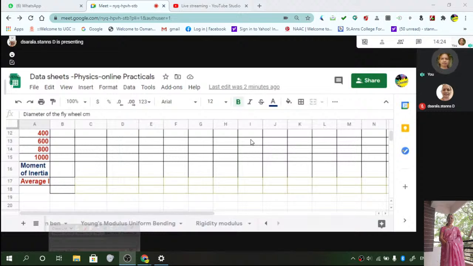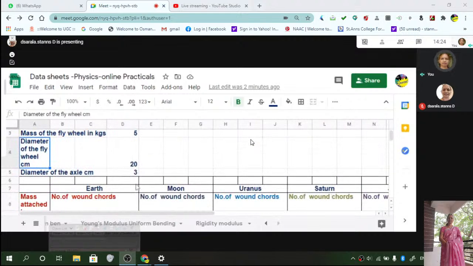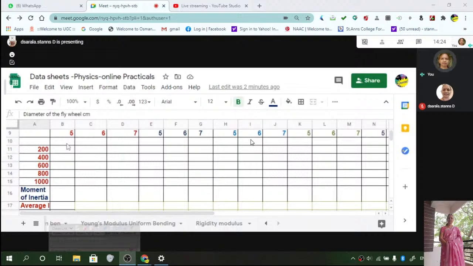So likewise, repeat this for all the different planets and different weights. Find it for 5 windings, 6 windings and 7 windings. So different sets for different planets. Then the mass is varied from 200 to 1000. Calculate and find out the result. So this is one experiment you have to do using the flywheel.